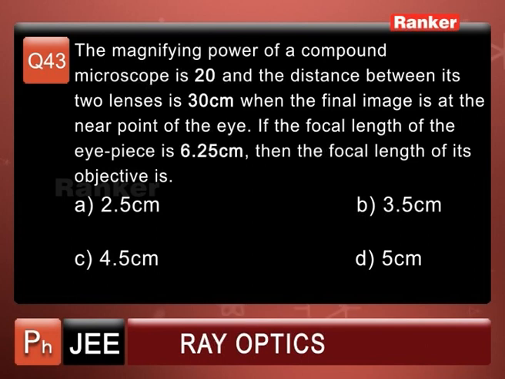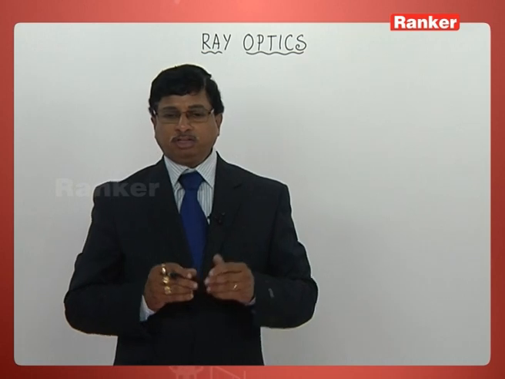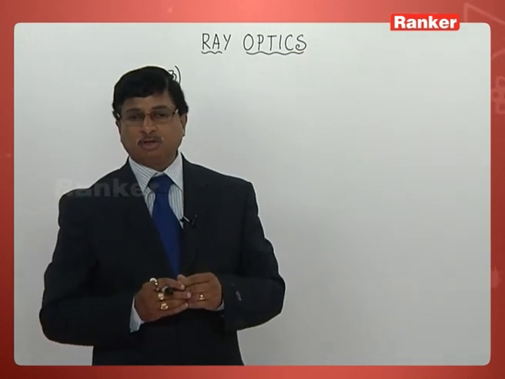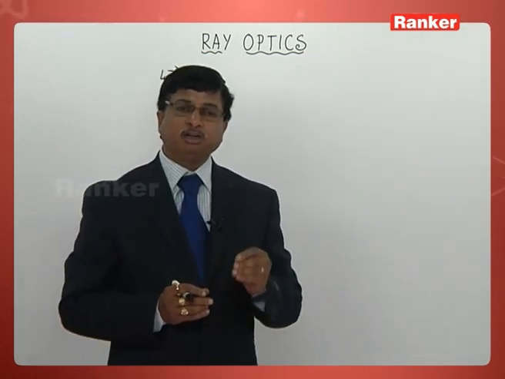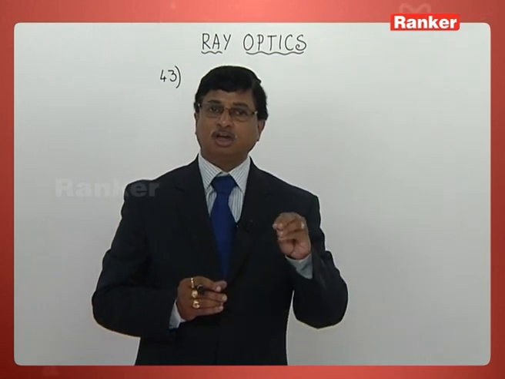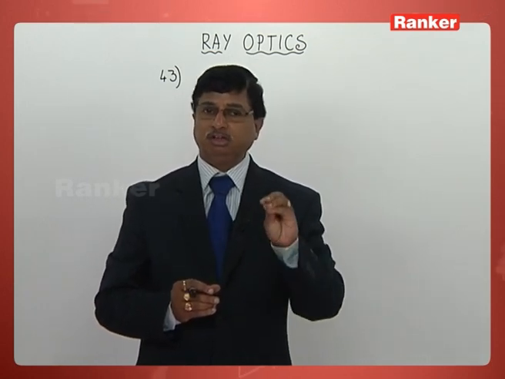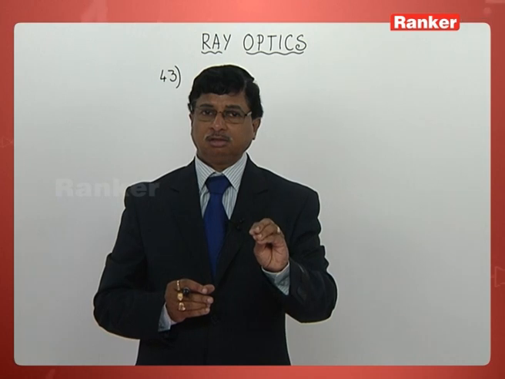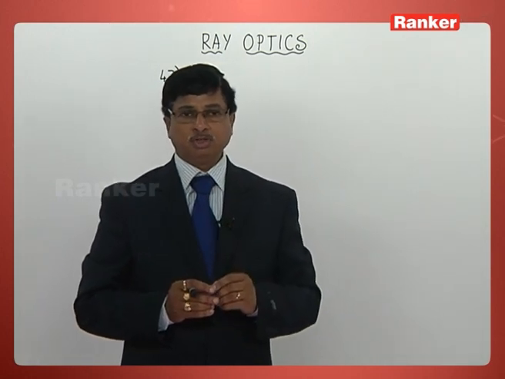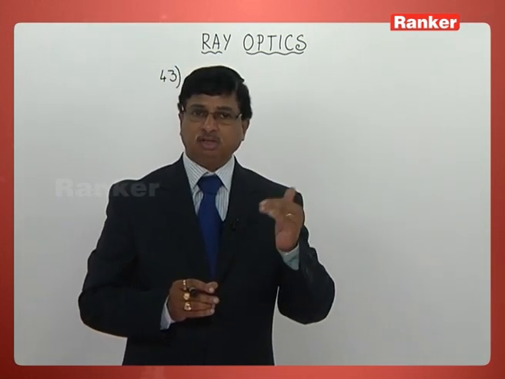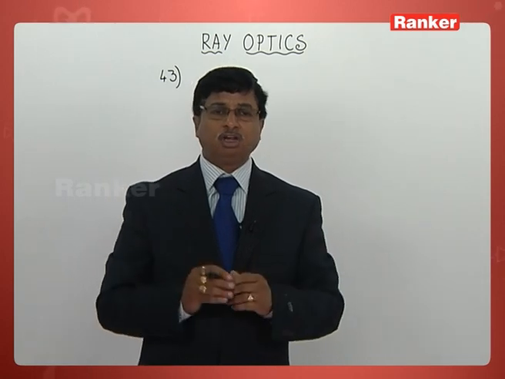If the focal length of the eyepiece is 6.25 centimeter, then the focal length of its objective is how much? One thing you should understand first: in a compound microscope, the focal length of the objective must be less than the focal length of the eyepiece.